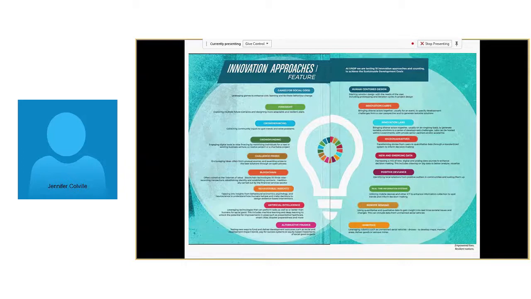And this slide gives a sense of the breadth of the initiatives, the methodologies, the approaches that our country office colleagues and national partners have been experimenting with.